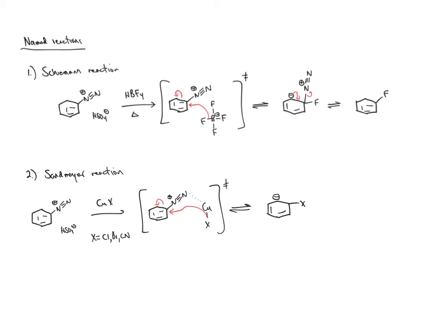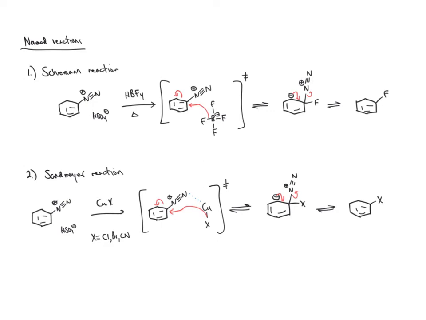We have a new X group, and we've of course got this nice little leaving group here, and that leaving group then loses nitrogen gas to give us our new aryl X bond. Okay, so these are two reactions that are name reactions in that series that we had on the previous slide of the diazonium salt.